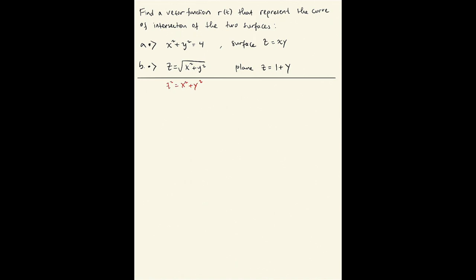So to solve A, let me write x squared plus y squared equals 4. Basically, at the top and the bottom, it will be circular. So to fit the equation, we can set our parameter. x is equal to... any idea?